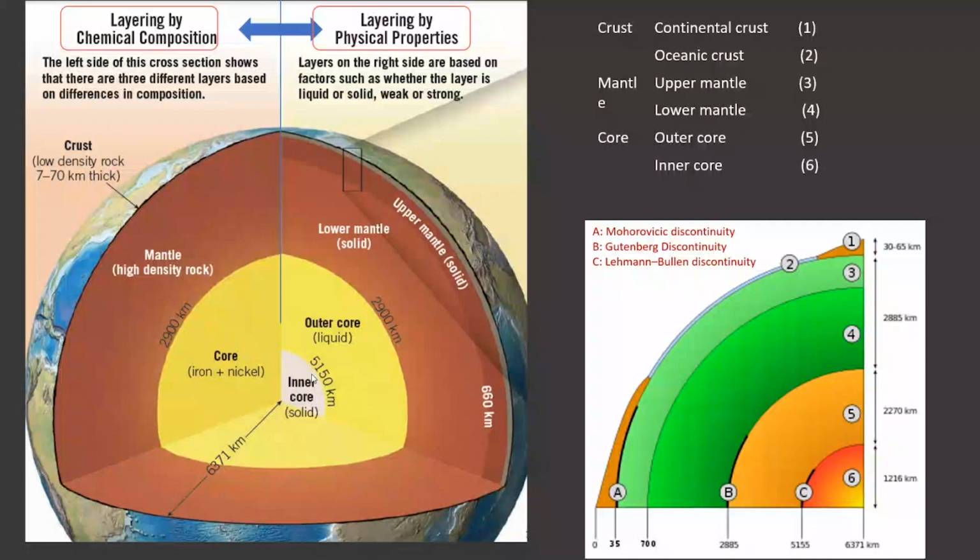It goes around 4400 degrees Celsius temperature at the center of the earth, that is what we assume. It is not possible for any material to remain in solid state, but it appears like a solid material because of the high pressure on this part.